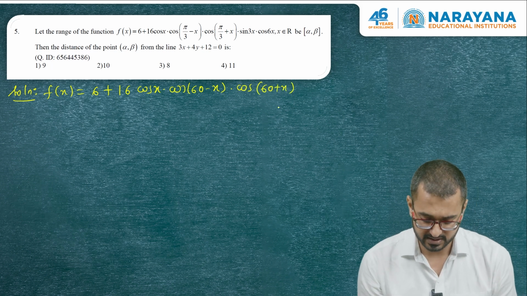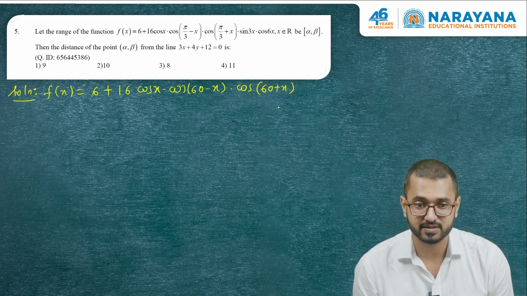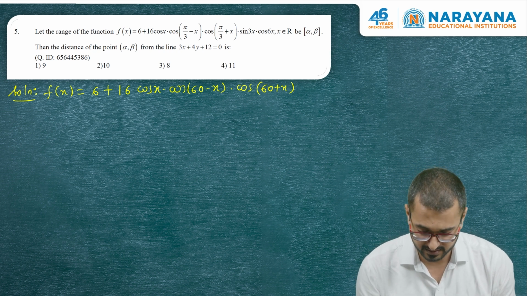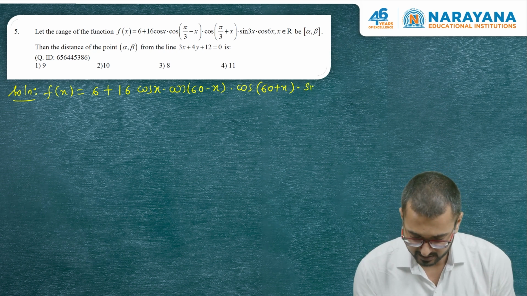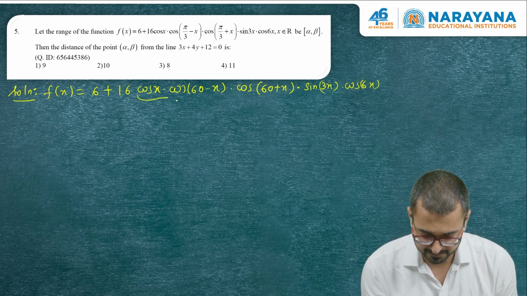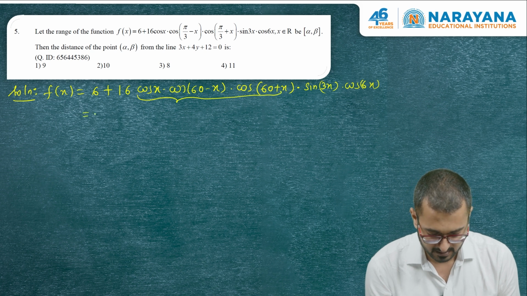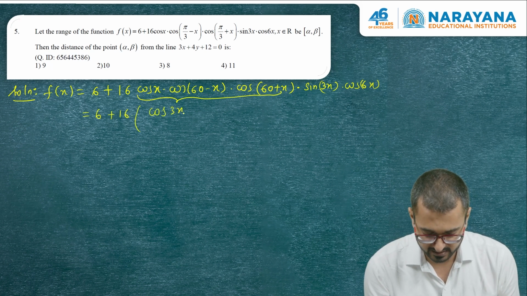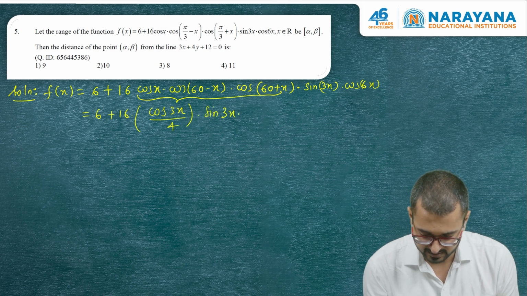The moment we see cos of 60 minus x, cos of 60 plus x, cos x, immediately our mind triggers us. So we get sin 3x into cos 6x here. So this should give me 6 plus 16 into cos 3x over 4, and then I have here sin 3x into cos of 6x.